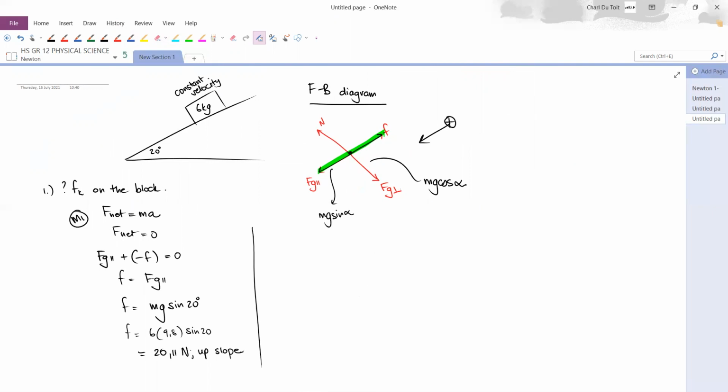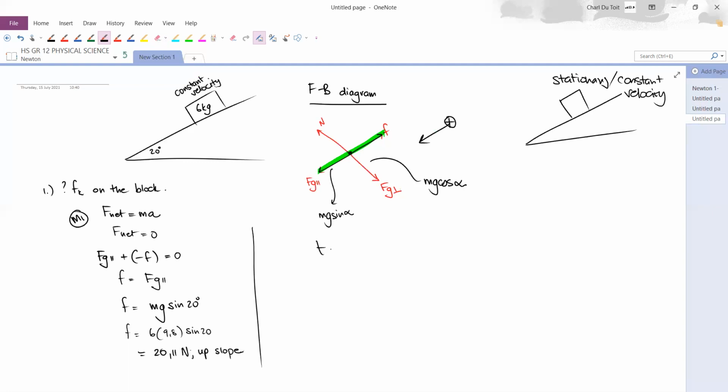If a block is stationary, on a slope, so the acceleration is 0, either stationary or moving at a constant velocity, and there are no external forces, so no one's pushing or pulling the block, so it's only the weight components and friction, then you can also use this equation.